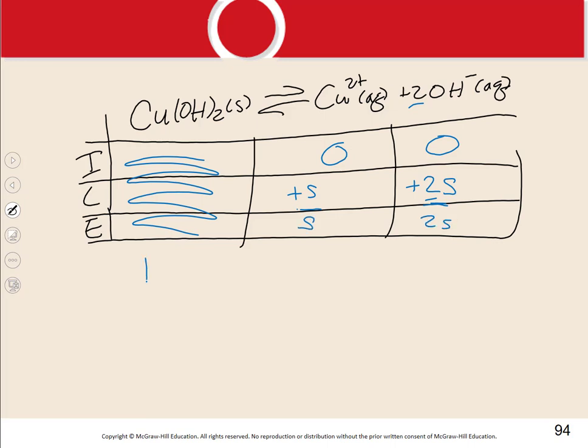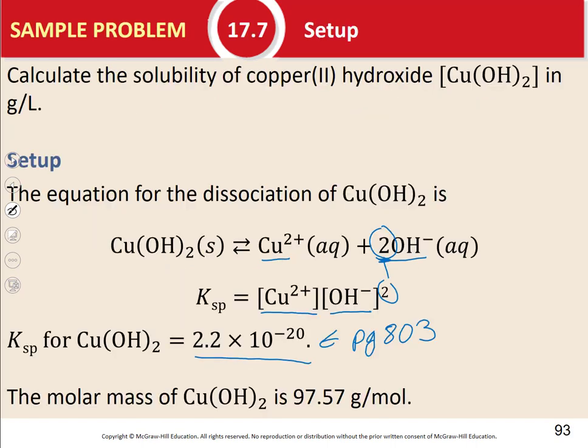Again, let's remember our equilibrium expression is equal to the copper ion times the hydroxide ion squared. Now let's plug in what we know. KSP we found in that table on page 803 to be 2.2 times 10 to the negative 20.